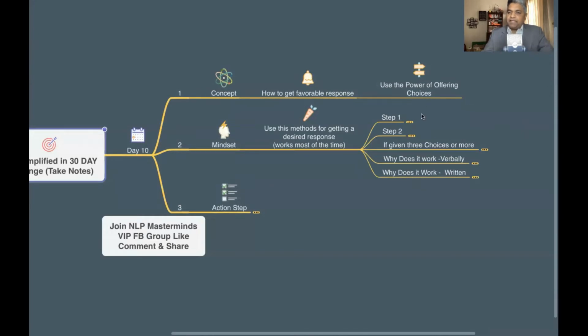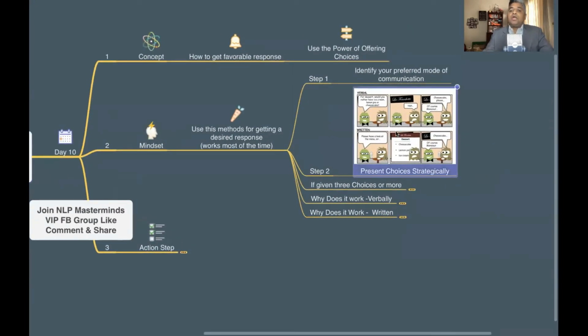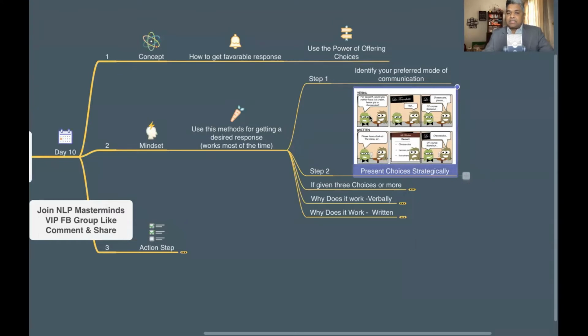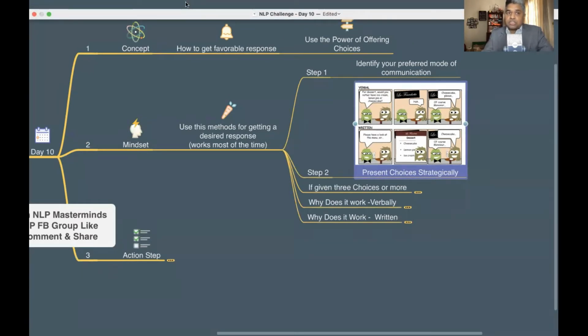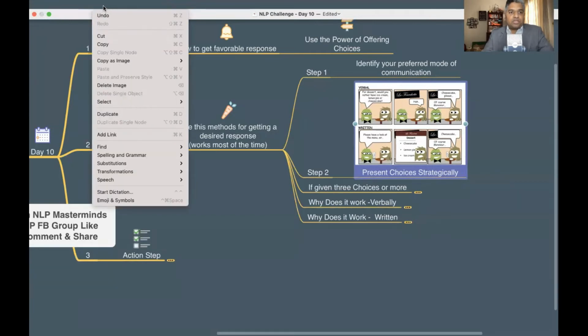Step 1 is to identify your preferred mode of communication whenever you want a favorable response. What do I mean by that? You need to identify whether that favorable response is going to be in terms of written or verbal communication. This is very important.